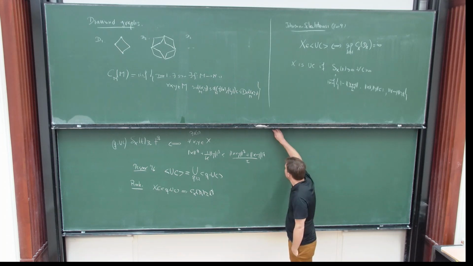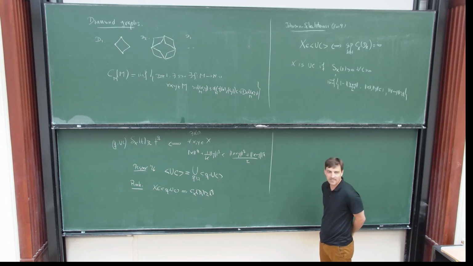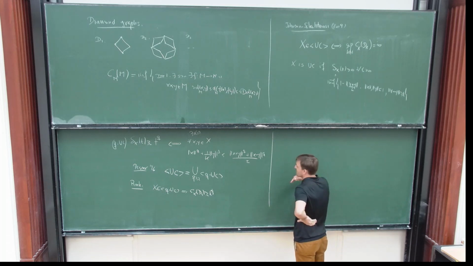So now, what about the characterization of the class of Banach spaces admitting an equivalent norm which is Q uniformly convex? So this was resolved, well, first using the geometry of trees, but there is another solution which is more recent.